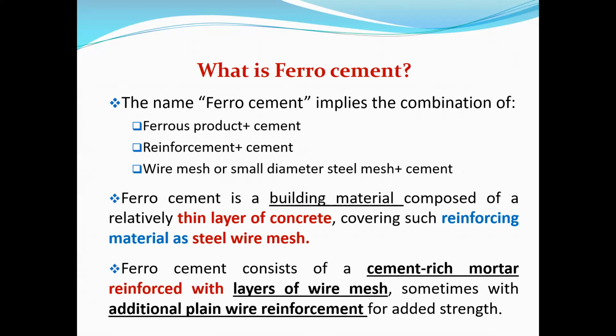In ferrocement, actually it is a cement-rich mortar, a mixture of cement, sand and water, and then it is reinforced with wire mesh, and sometimes additional plain wire reinforcement is added for getting strength.